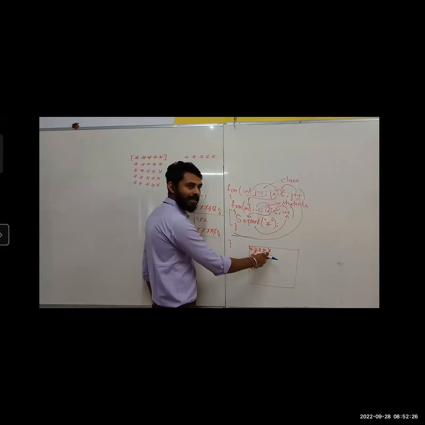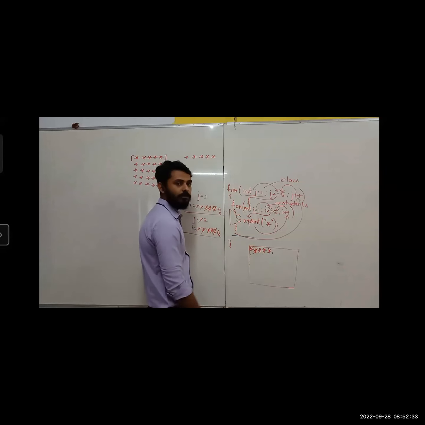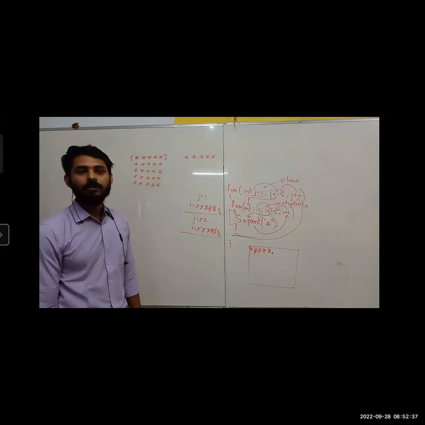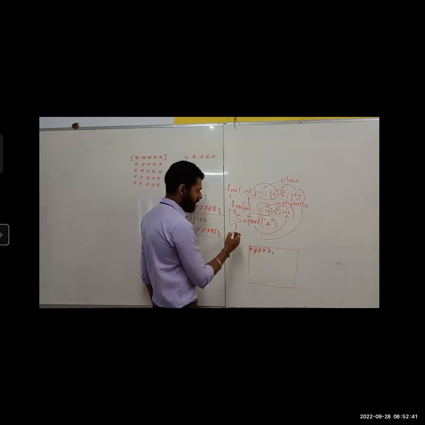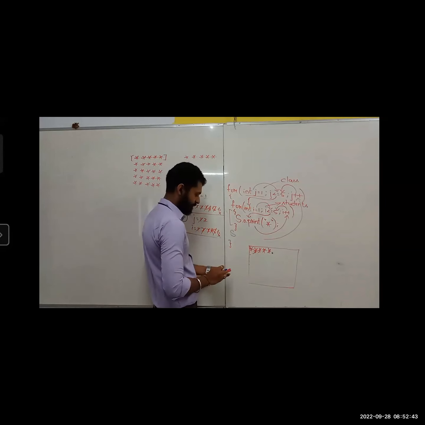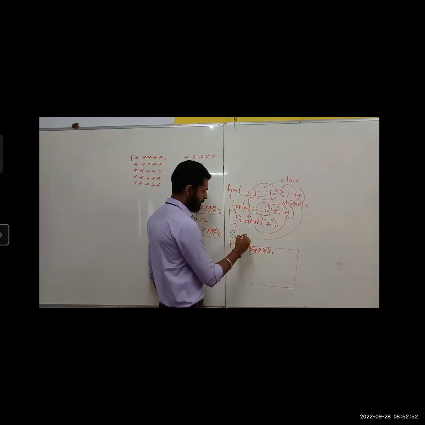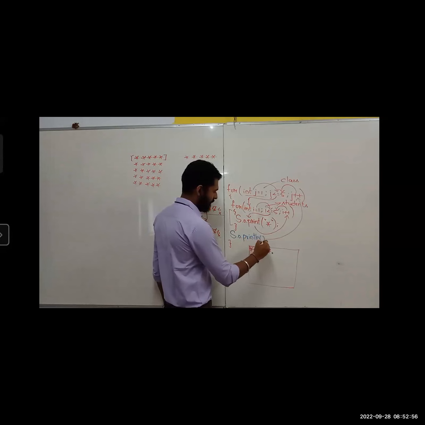After each line is done, I should bring my cursor. The cursor is present here. From here, I should bring my cursor to the next line. What is the statement to bring the cursor to the next line? println. So simply write here System.out.println.